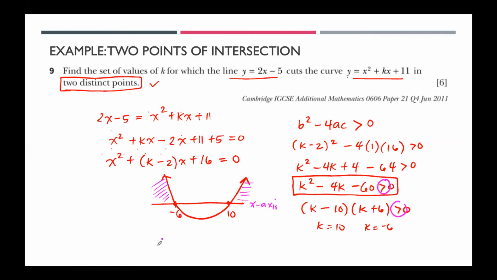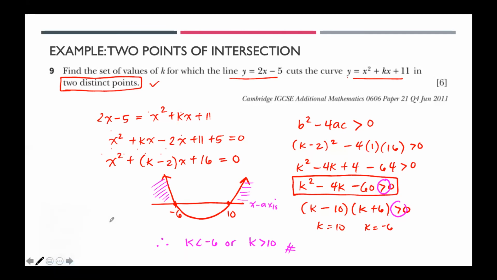So therefore, the set of values of k will be less than -6. So k is less than -6, or k must be greater than 10. So these are the values of k in which your line is going to cut the curve at 2 distinct points. All right.